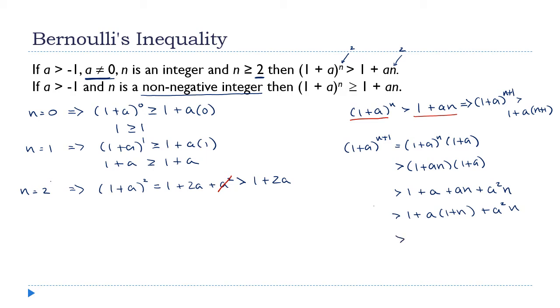So this is greater than 1 + a(1 + n). And that's what I wanted to show. Let me bring this down here: (1 + a)^(n+1). And if you compare that to this piece right here, you'll see they are the same. That's what I needed to show. I showed that if it's true for n, then it's true for n + 1. Therefore, we're done. That proves the inequality.